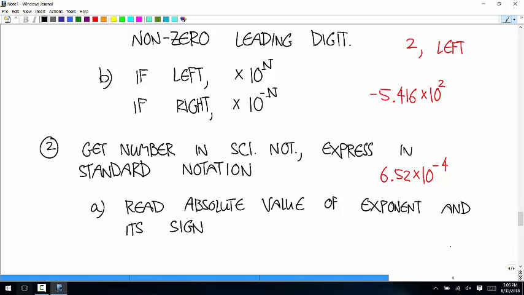The exponent is negative 4 in our example, so the absolute value of the exponent, that's what I'm going to call capital N again. So N in this case is equal to 4, and the sign is negative.